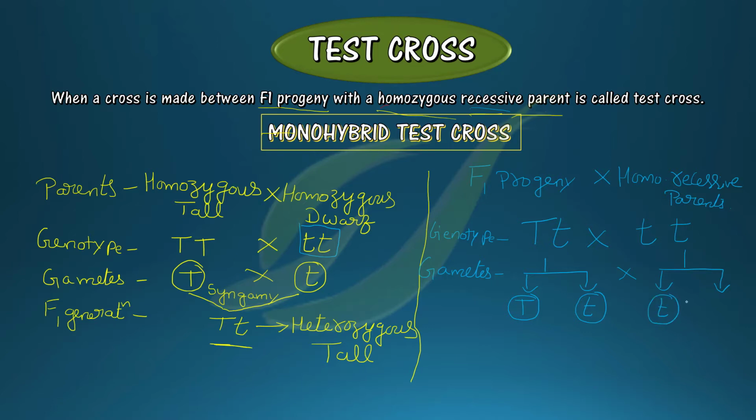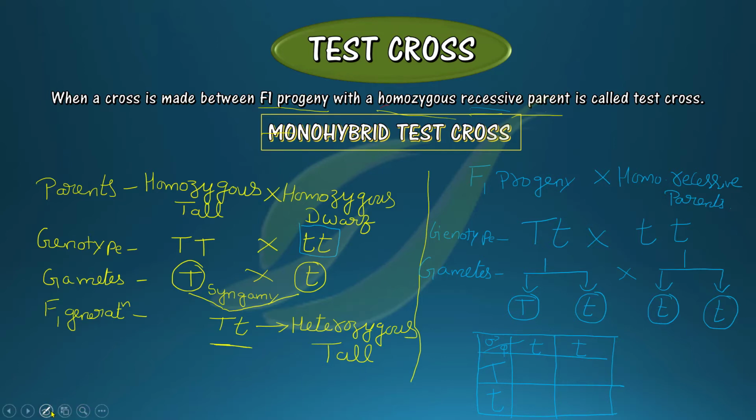Now let us use a checkerboard, a Punnett square, and see what all the plants we are going to get. We write the gametes of one parent, capital T and small t, and of the other parent, small t and small t.